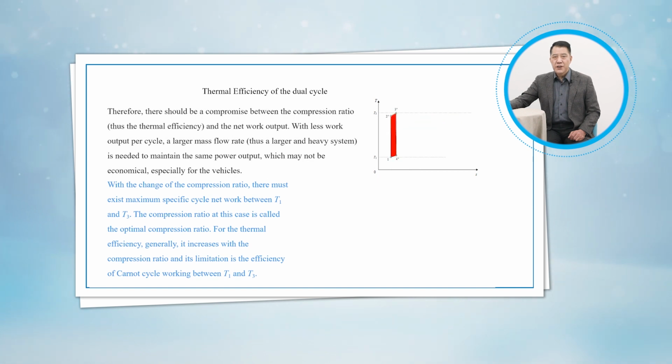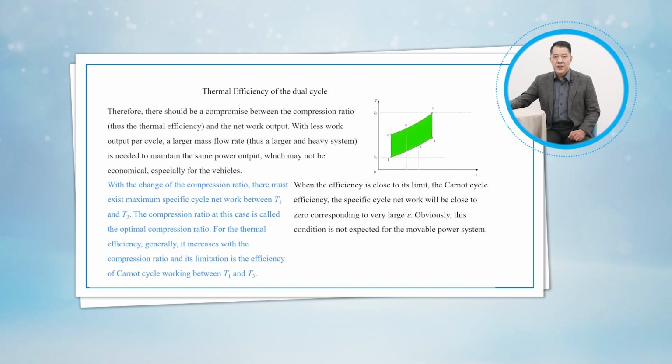For the thermal efficiency, generally, it increases with the compression ratio, and its limitation is the efficiency of the Carnot cycle working between T1 and T3.